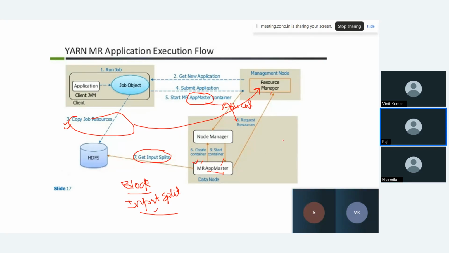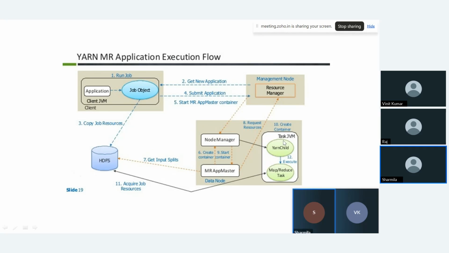Then in the next step, after getting these resources, the node manager is going to create the actual containers where my job is going to execute in the form of JVM.